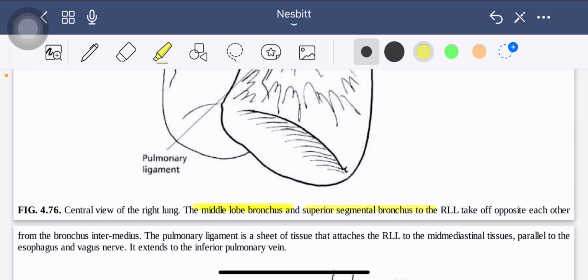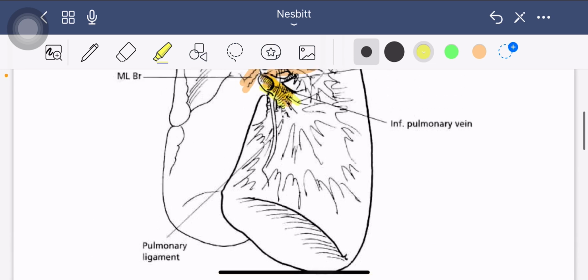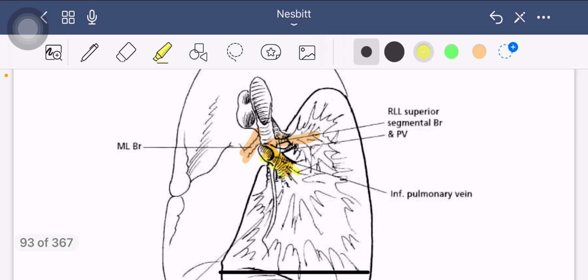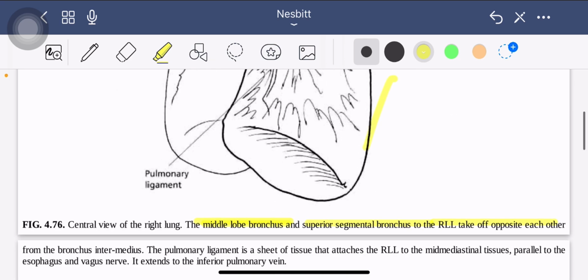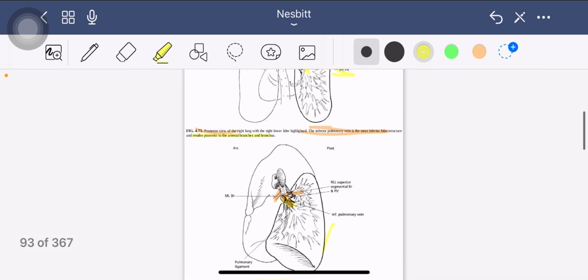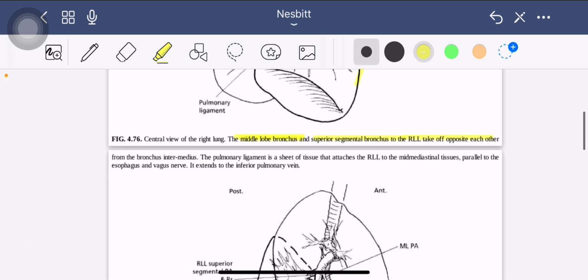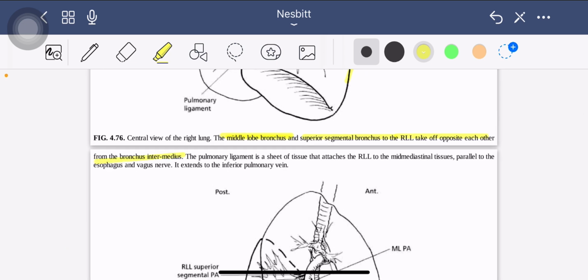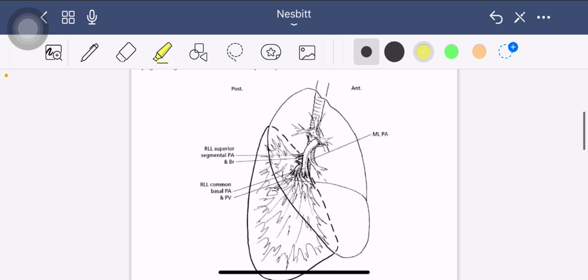So they go opposite, taking off opposite to each other from the bronchus intermedius.